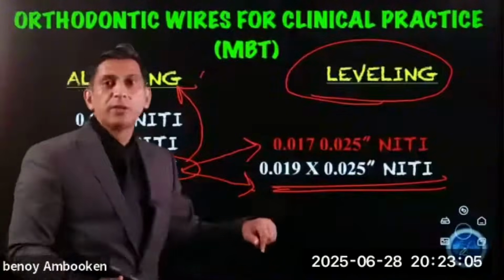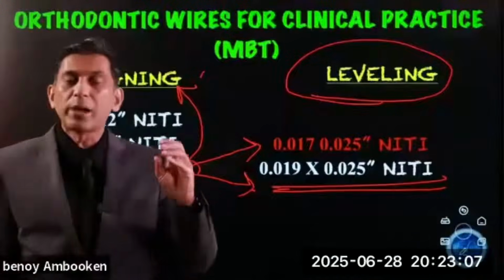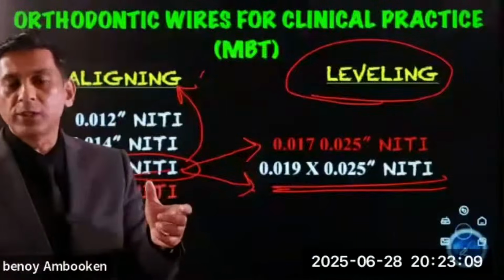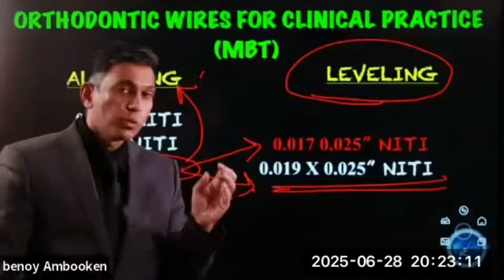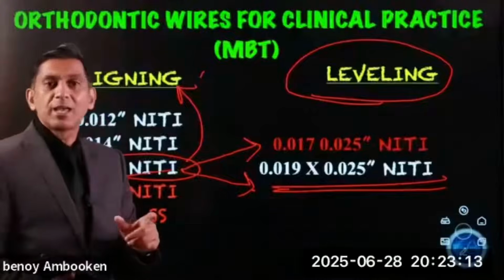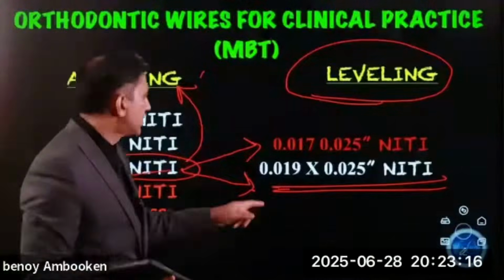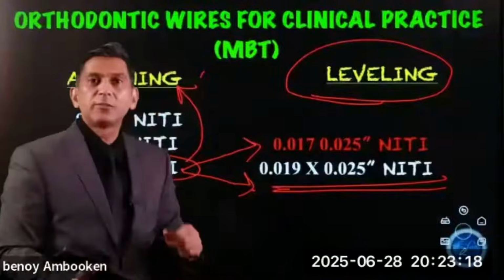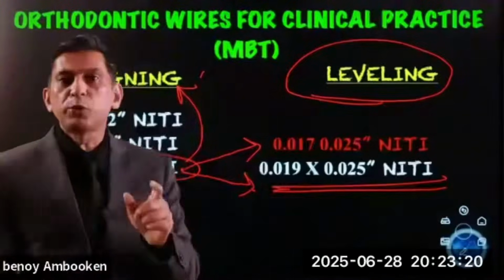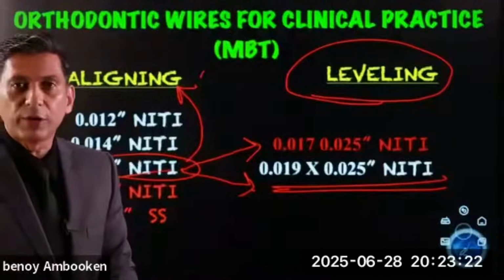This is very important. I'm not going into detail of that because to express the torque, I'll be putting all this in the video. To express the torque and minimize the anchor loss, the best wire is .019x.025 nickel titanium in the leveling stage. But never put an elastic chain on nickel titanium wire.